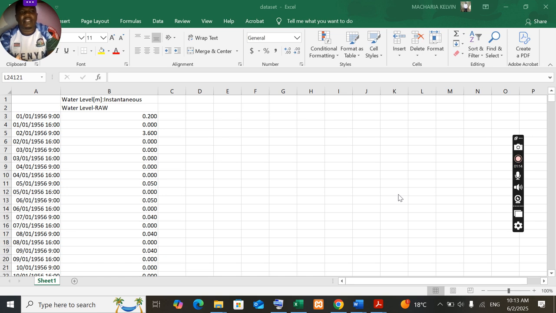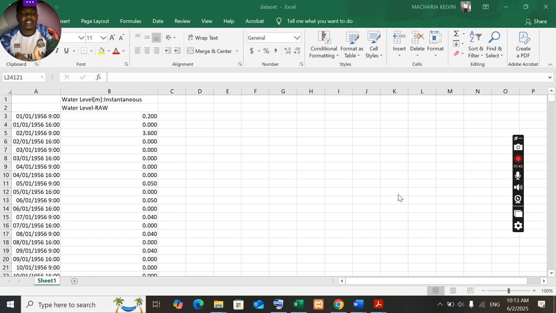On that, we can use four types of descriptive analysis, where we can use measure of central tendency, measure of dispersion, measure of position, and measure of frequency. On the measure of central tendency, we can use the mean, mode, or the median, so that we can get an insight.